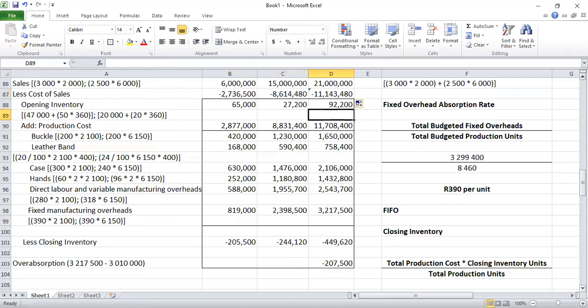Any questions? So we've taken this opening inventory plus the production minus the closing inventory. That's giving us that. But for the total, also remember that we also have to subtract the over absorption.